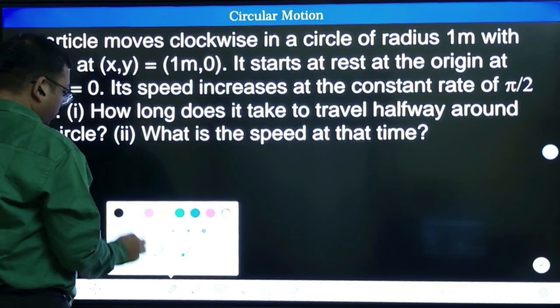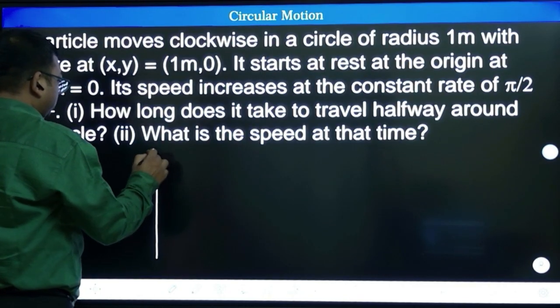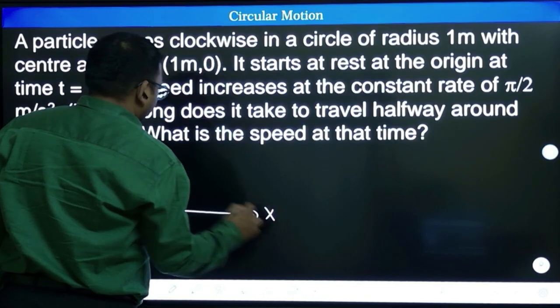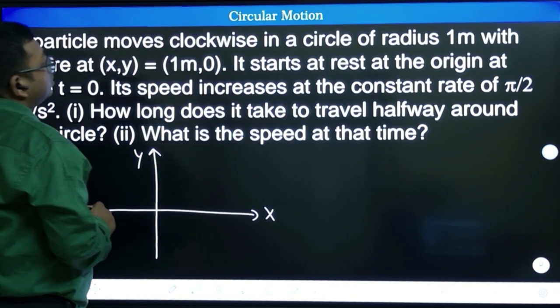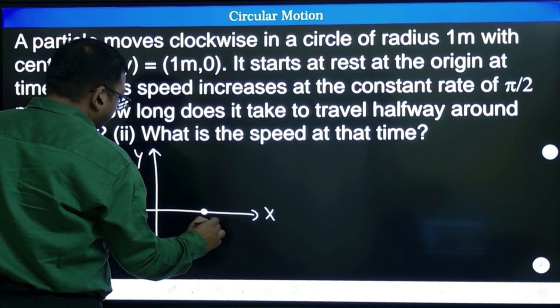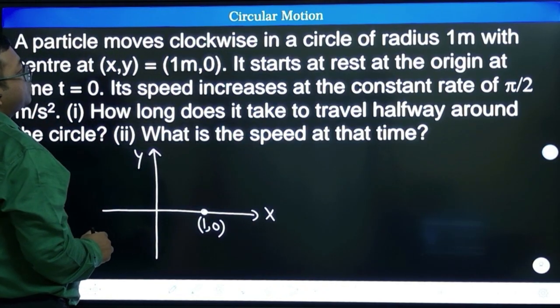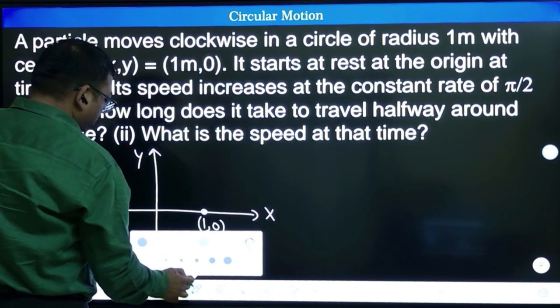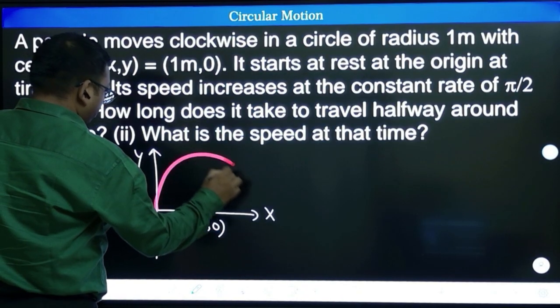Okay, so first let us draw the origin, x and y. Center is (1, 0), so this is the center, and radius is 1, so the circle will be like this.